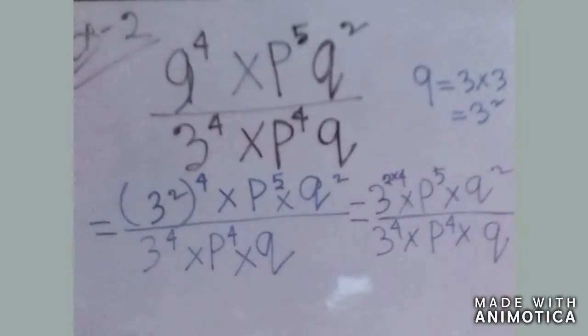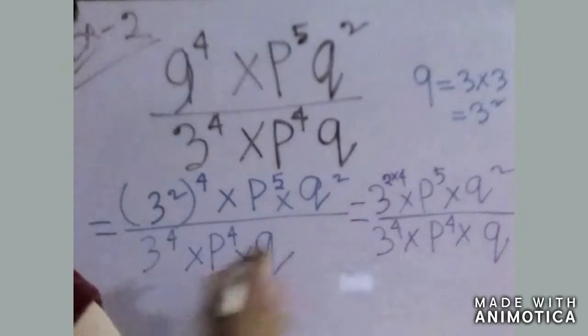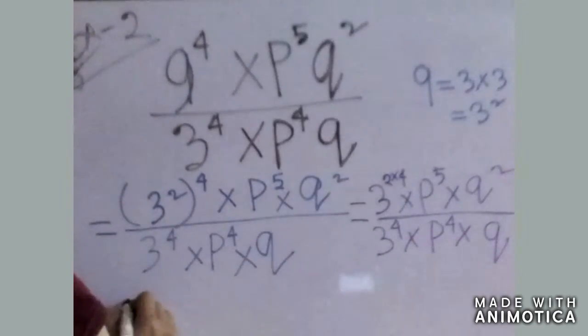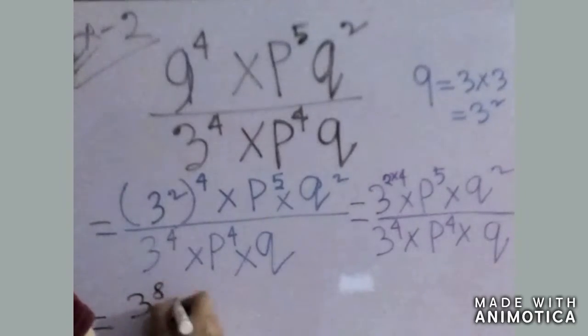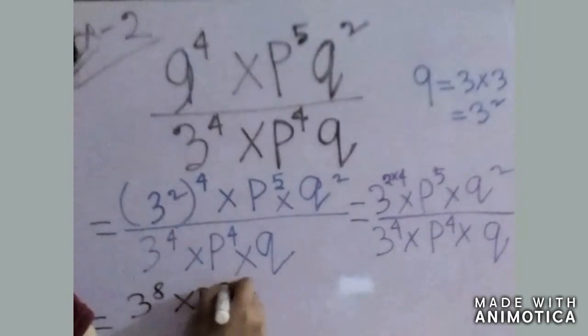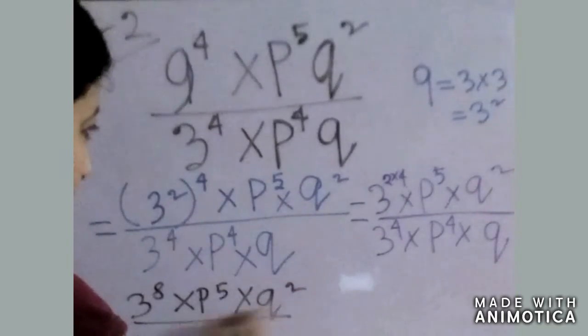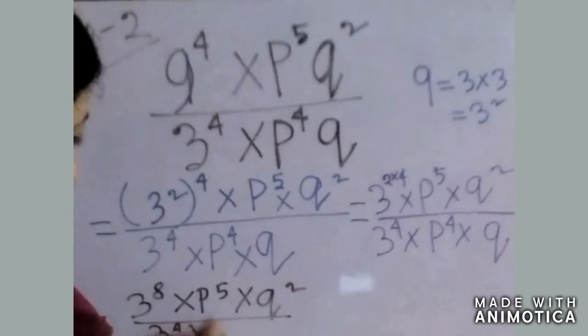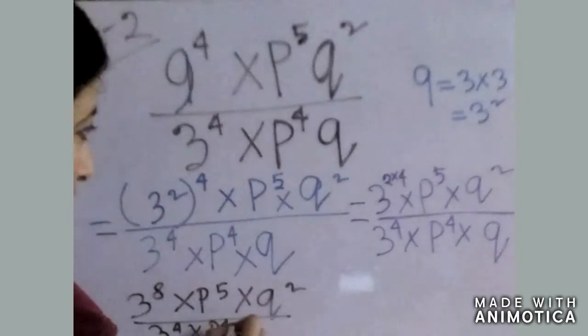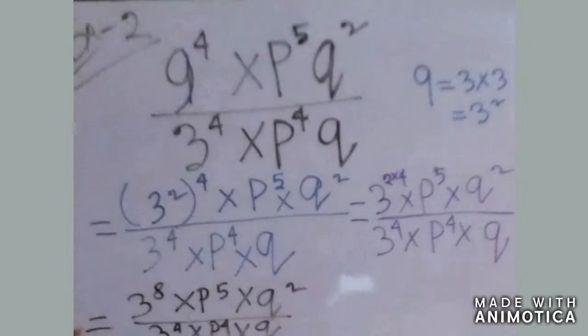So ultimately it gives us 3 to the power 8 into p to the power 5 as it is, q square by 3 to the power 4 into p to the power 4 into q.